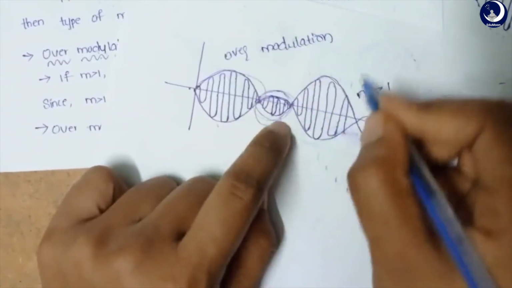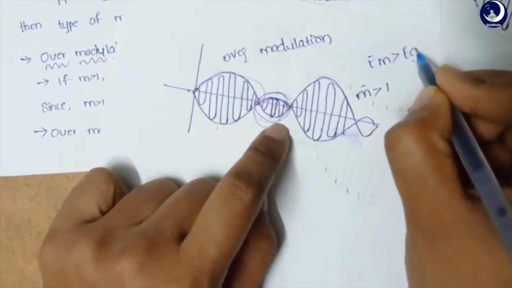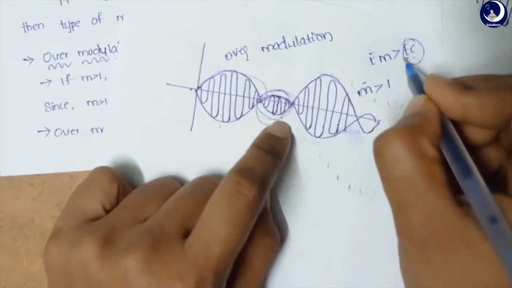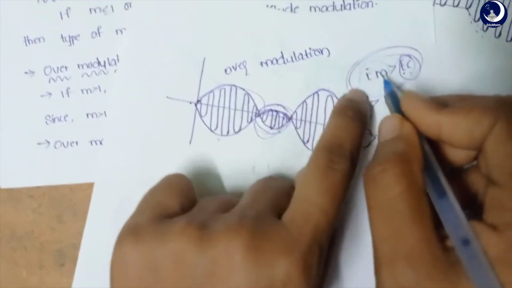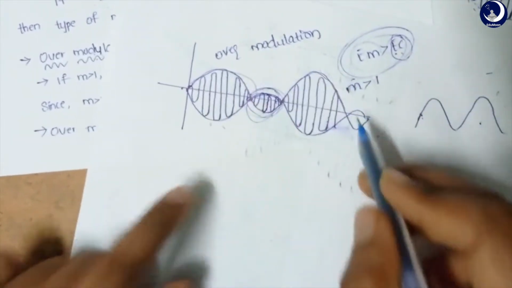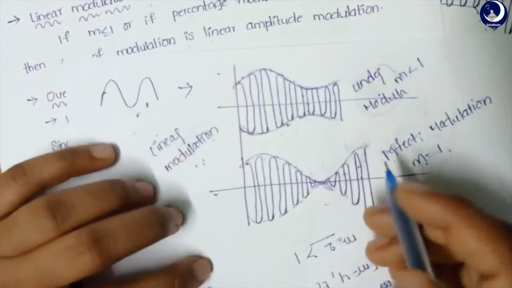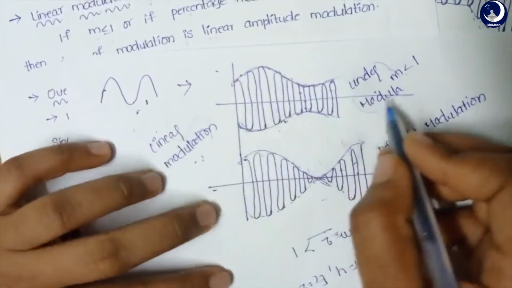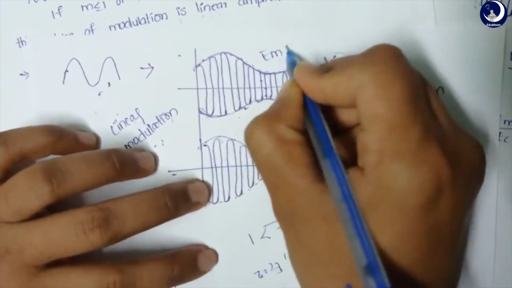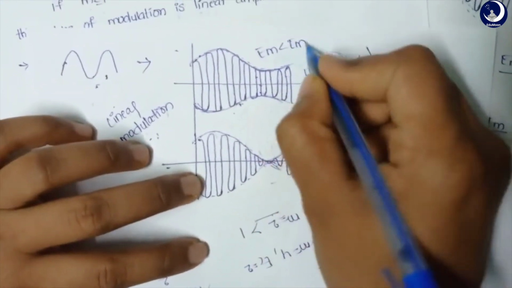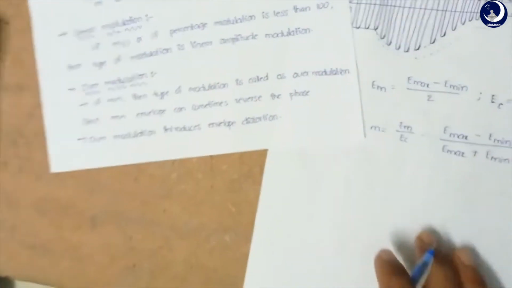Over modulation occurs when Em is greater than Ec, that means we should not choose our carrier which follows this condition, and we should try to avoid over modulation. We can modulate our wave with under modulation or perfect modulation, like Em can be less than Ec or Em is equal to Ec. So these are the types of modulation.